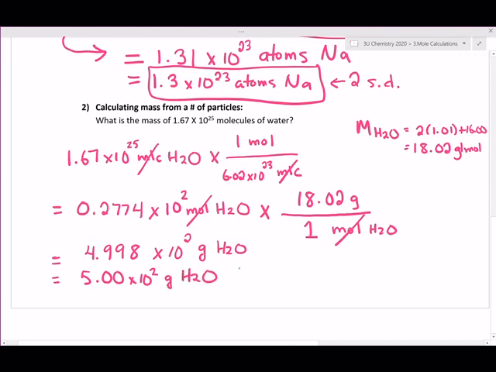That's in scientific notation. Honestly, that is 500. And that is fine too, because that also has 3 significant digits. So a bottle of water that you probably drink from more than likely holds 500 milliliters or 500 grams. And now you know when you drink it, you have drank 1.67 times 10 to the 25 molecules of water.